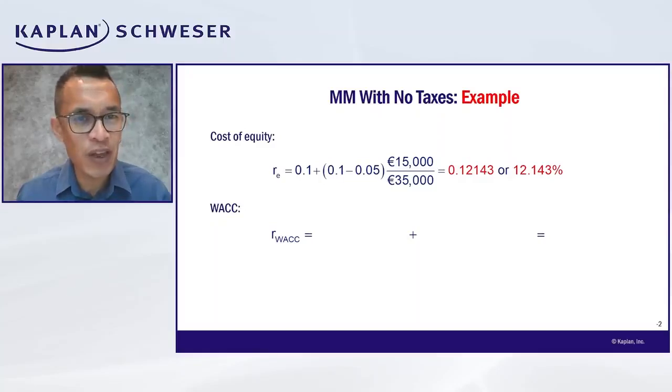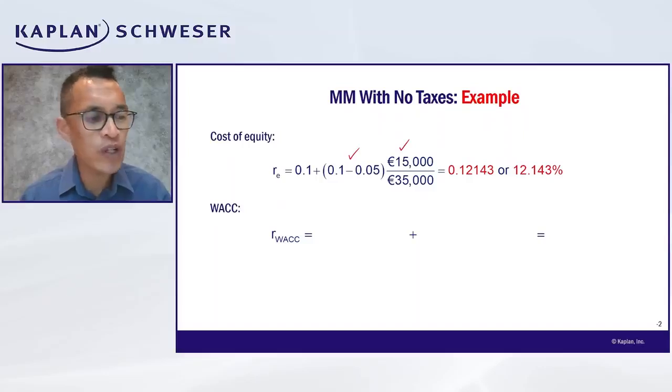So that's everything here that we're doing, and that's going to give us 12.143%. So that's a nice review of what we just did earlier. And then we have to apply the WACC calculation based on the 5% cost of debt and the 12.143% cost of equity that we determined just now.